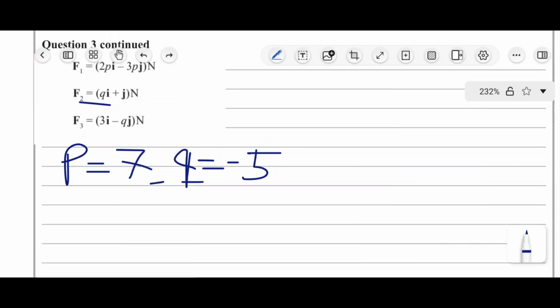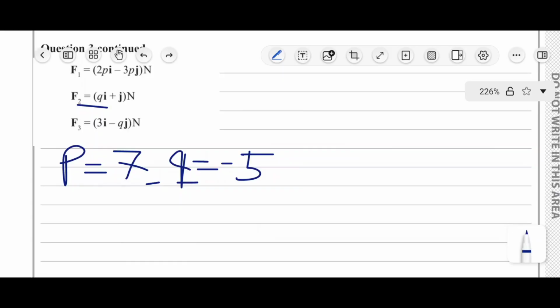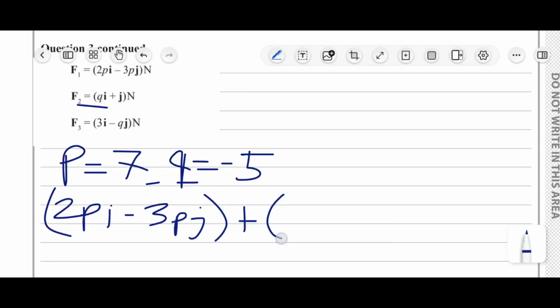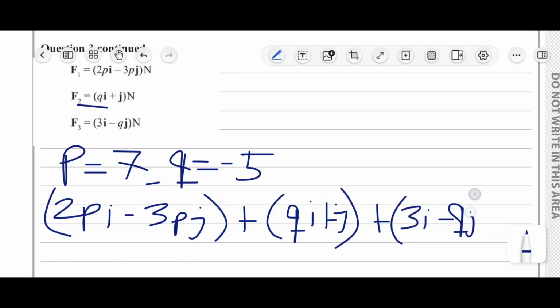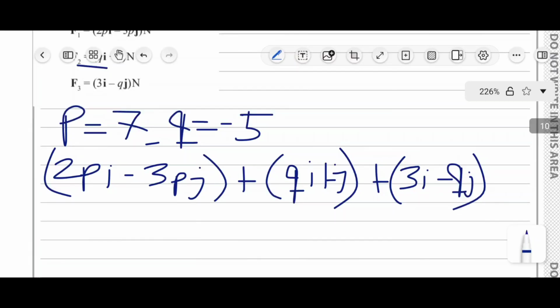If we put this here, we will find the equation: 2p i minus 3p j plus q i plus j plus 3i minus q j. To put the p and q here, first of all you have to separate the components.